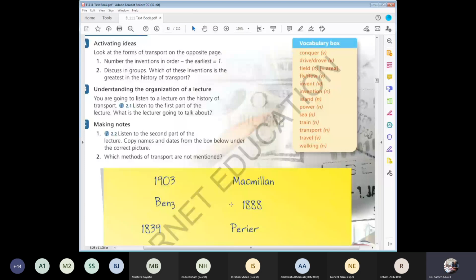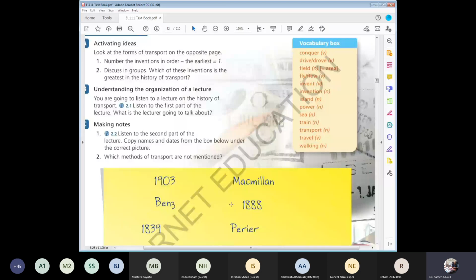Okay. We're going to also talk about the word power because it has so many meanings. If you ask me now, Dr. Sameh, what does the word power mean? I'll tell you, I don't know. You have to put it in a sentence because it has so many meanings.